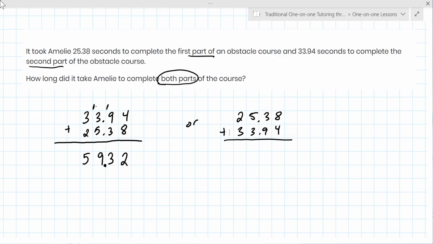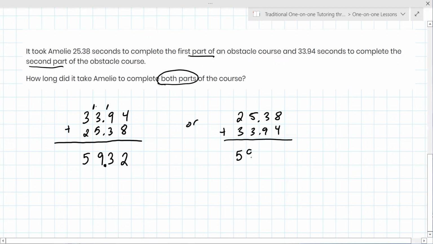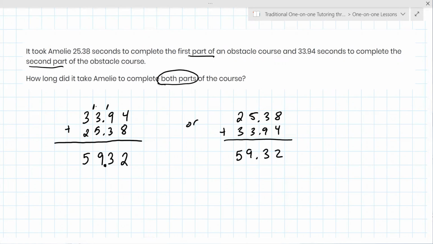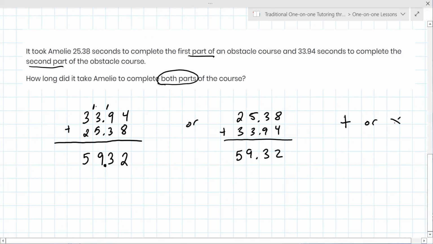Yeah, they're the same. Okay. And that's not surprising here. The order does not matter when you're adding or multiplying.